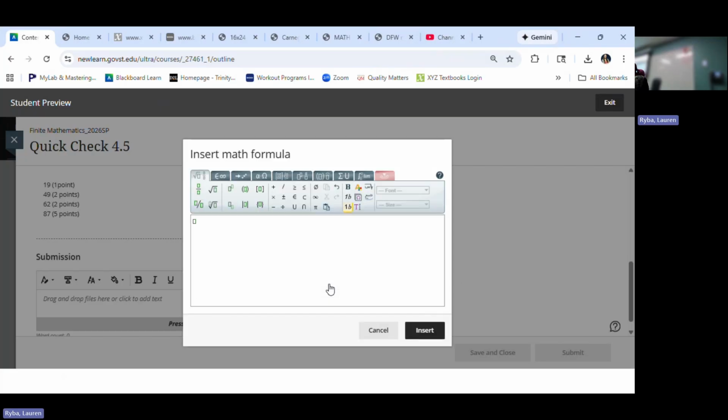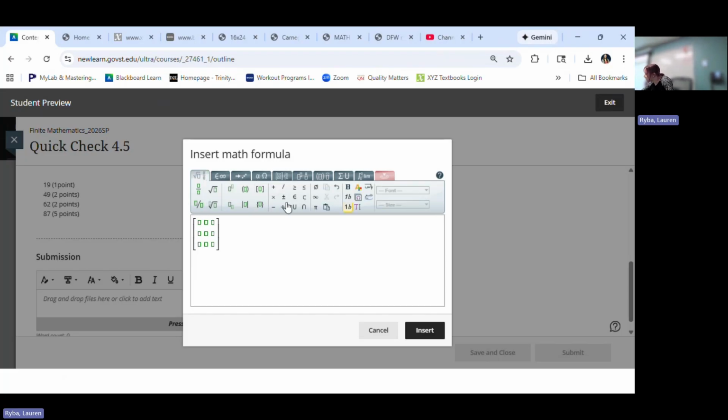So I can then go in here and it's going to pull up a whole bunch of math stuff that I could do. So here's fractions, square roots. Well, matrices are over here and you can see. So like if I need a 3 by 3 matrix, I can literally click that. It's going to make a 3 by 3 matrix. If I want a 2 by 2 matrix, I click this. I can actually make it any size, 2 by 2, 3 by 3, and it's going to set up the matrix. And then all I have to do is type in my numbers.